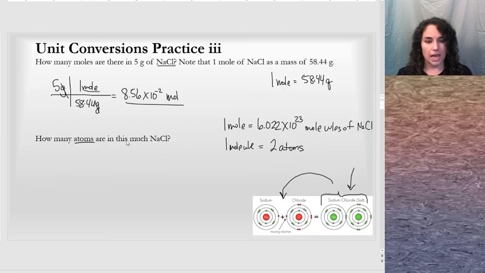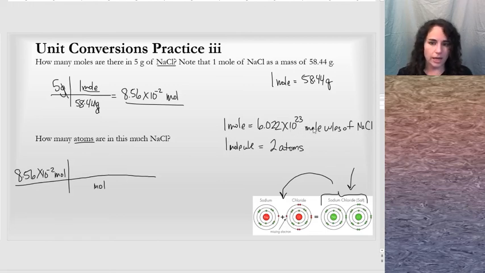So it says how many atoms are in this much. So let's do the conversion. I'm going to write down my original number and start my ladder here, mole. I have mole in the numerator, so I want to get it in the denominator. And I will go from moles to number of molecules. Notice that I can't go to atoms yet, right? I have to get the molecules. Once I know molecules, then I can get the atoms.